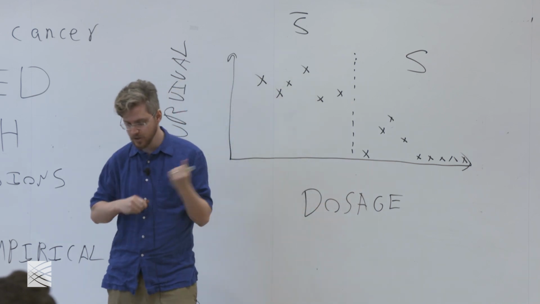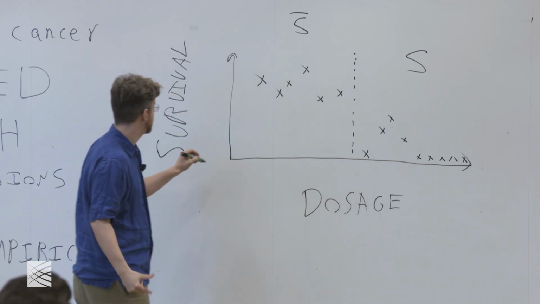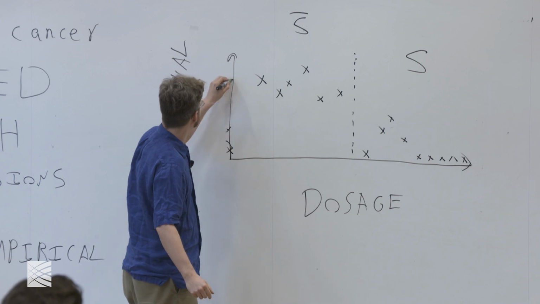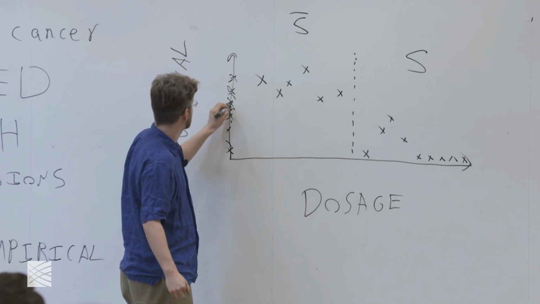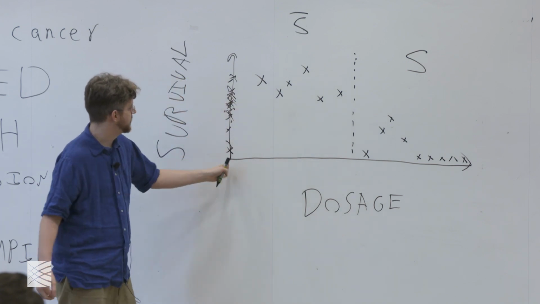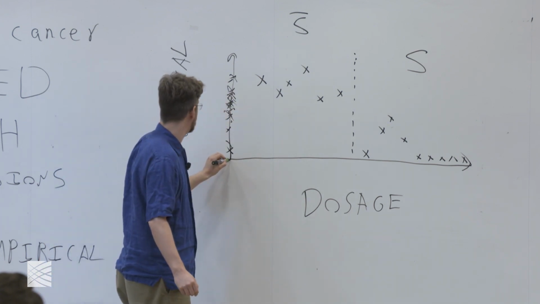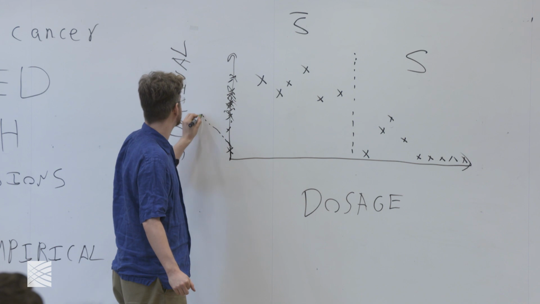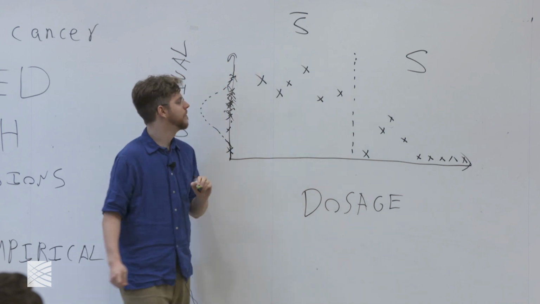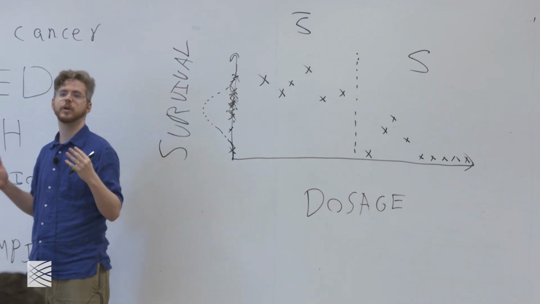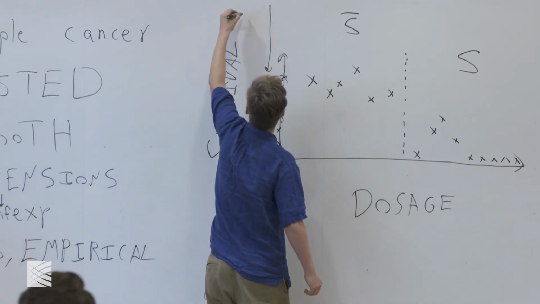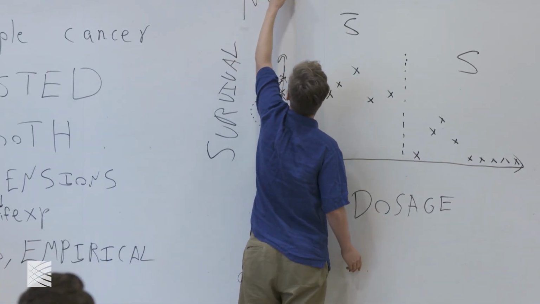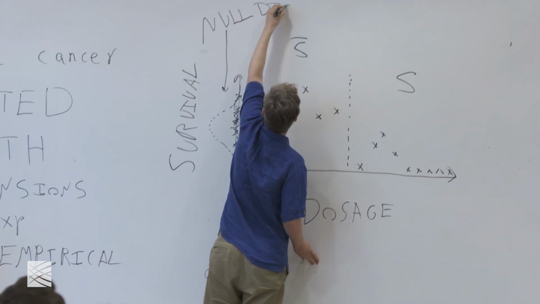Okay, and to think about this, we do a bunch of control experiments at first at basically zero dosage. Maybe we just add water or something. And so we get a lot of samples at the zero dosage case. And then we can estimate some kind of distribution of what kind of survival coefficients we get if we give them no drug. Okay, so this is going to be the null distribution.